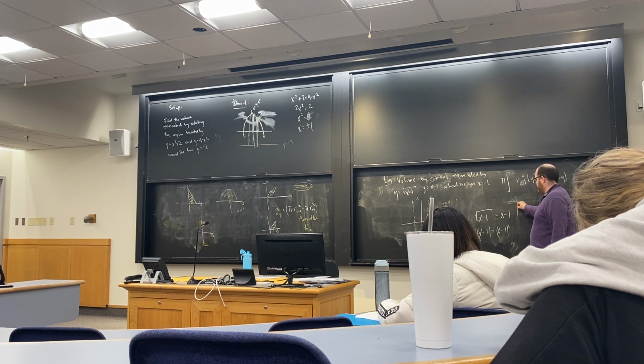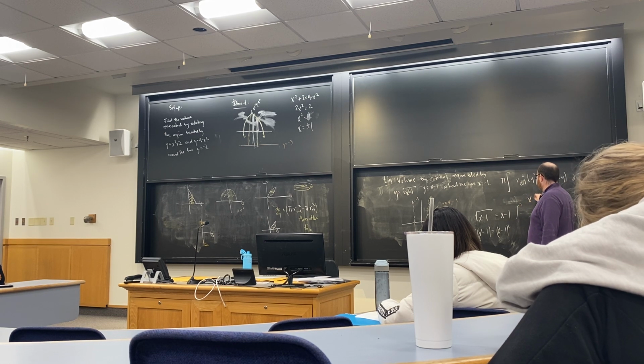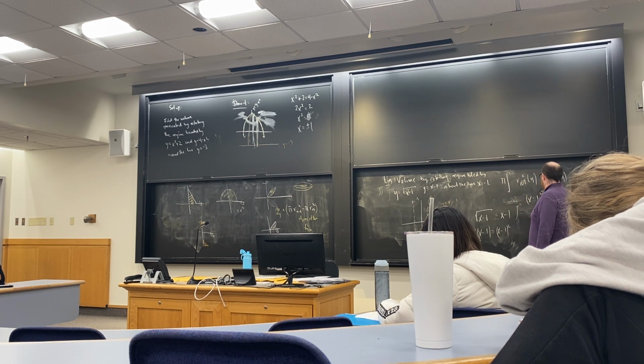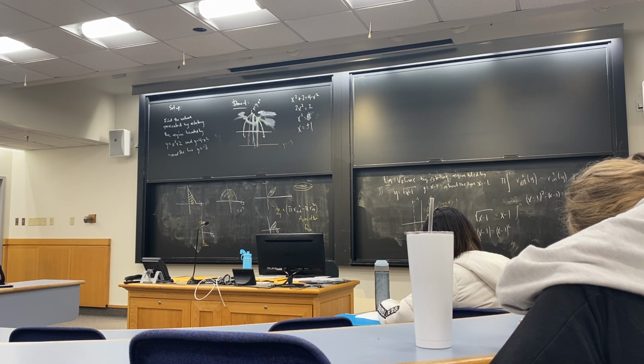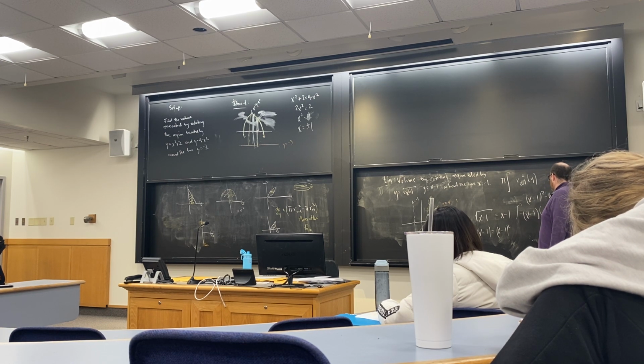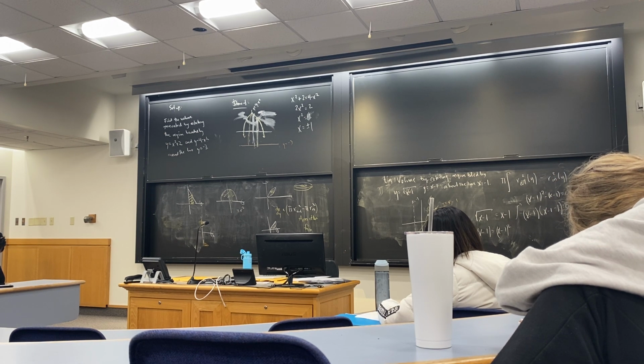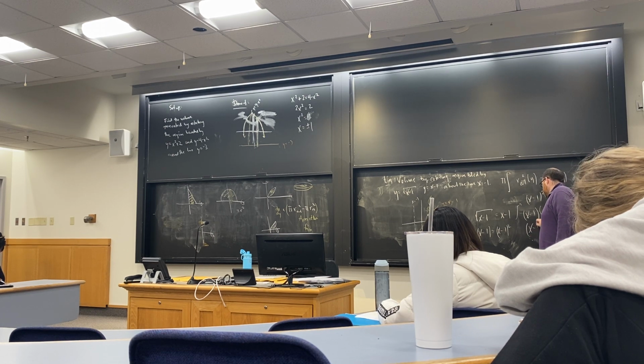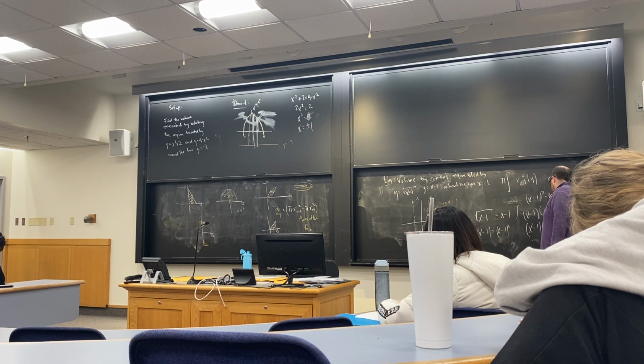Maybe I move everything over to the right, so I get x squared minus 3x plus 2 equals 0. Maybe I factor out an x minus 1. That gives me (x minus 1) times (x minus 2) equals 0.